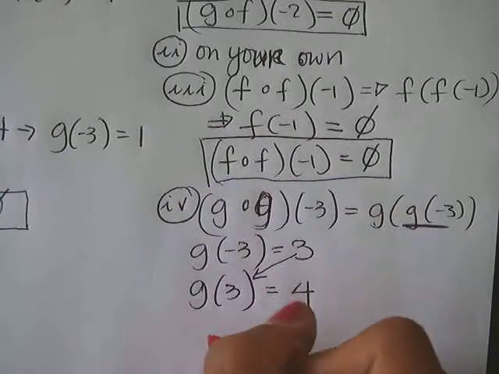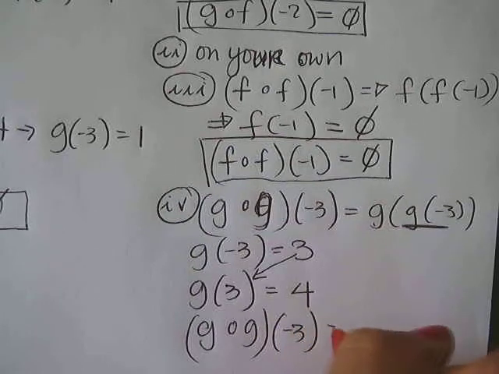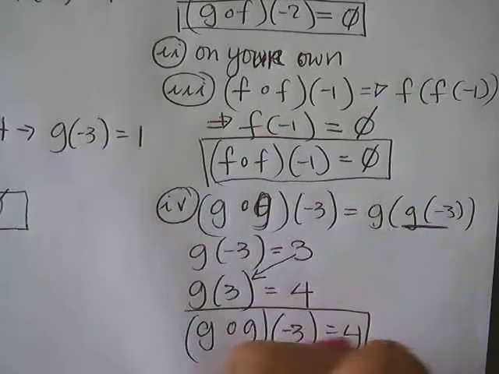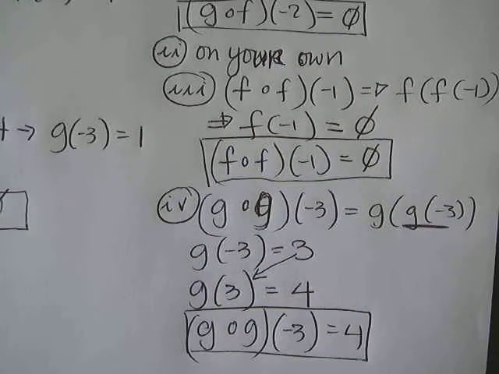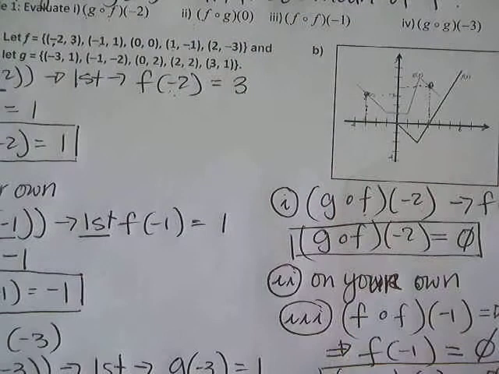So to write my final answer, g of g of -3 equals +4. All right, so hopefully by now you have an idea of how to find the composition of functions given a set of ordered pairs and two different graphs.